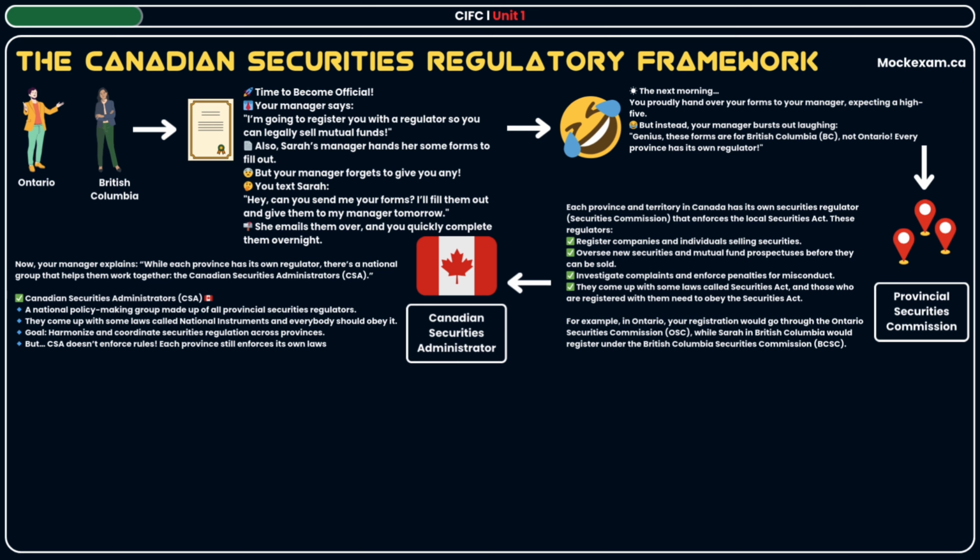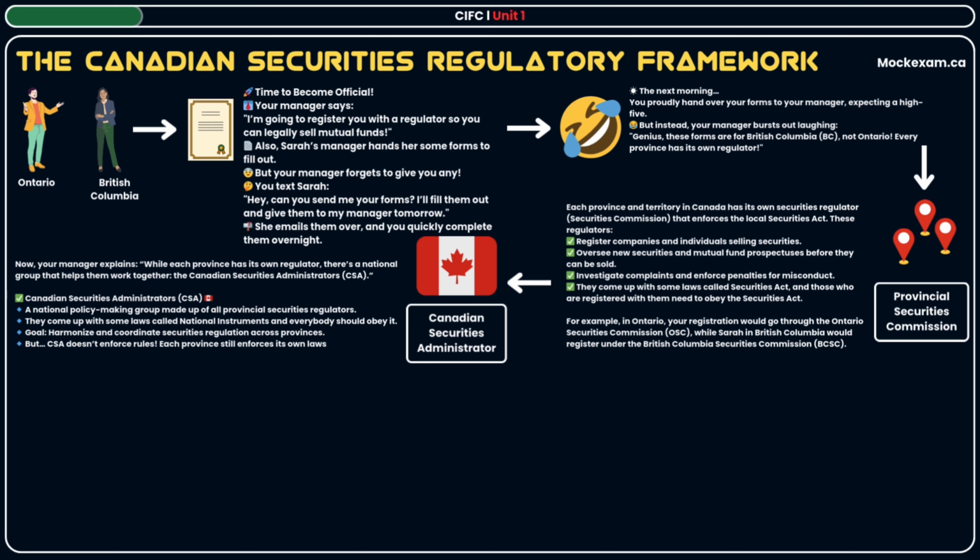CSA comes up with laws called National Instruments, and everybody should obey them. Remember, the Provincial Securities Commissions have their own laws called the Securities Act. CSA also has its own laws, called National Instruments, or NI. What's the goal of CSA?